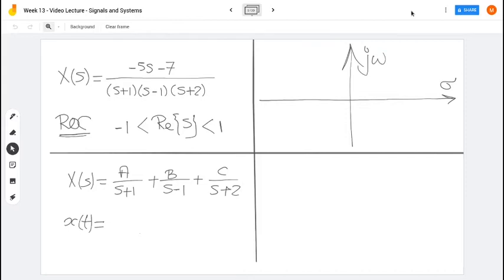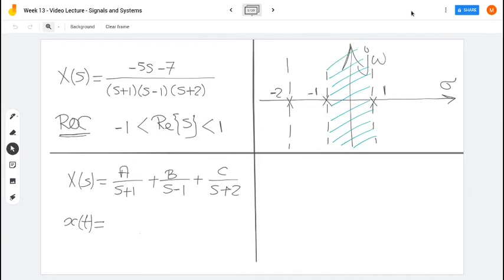One pole at minus 1, a second pole at 1, and a third pole at minus 2. And we're told to work for the ROC extending from minus 1 to plus 1. So this is the ROC we're interested in.